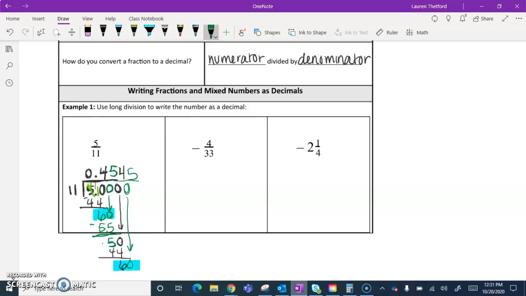So we see that 4, 5, 4, 5 going on and on and on. So now we know that we have a pattern, and so now we can write it as a decimal. So 5 divided by 11 is 0 point, and then we have our 45, with the bar notation at the top. So this is what it is as a decimal.